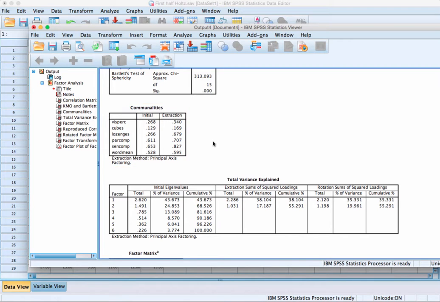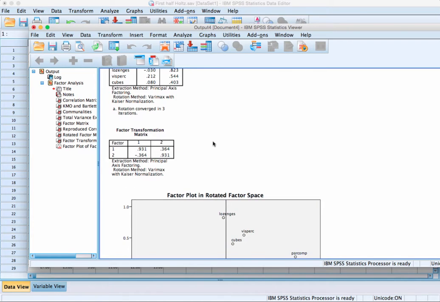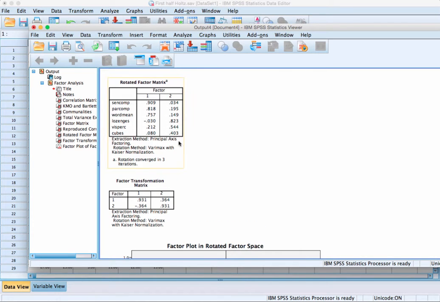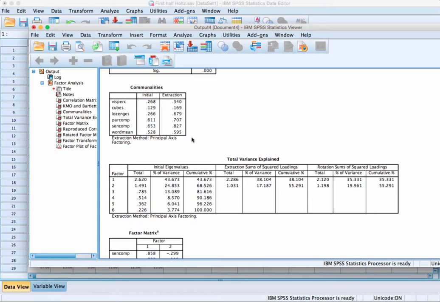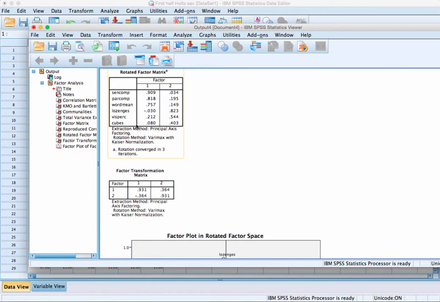Cubes is a little low, so if we go down here and look at cubes, we can see that if I square this value 0.80 plus the square of this value, it's going to give me about 0.95. So 59, I'm sorry, I got the wrong one again.